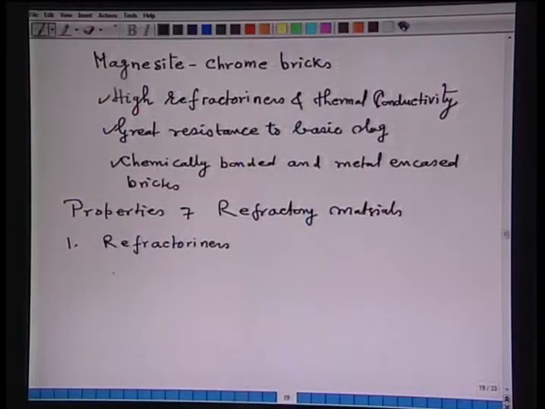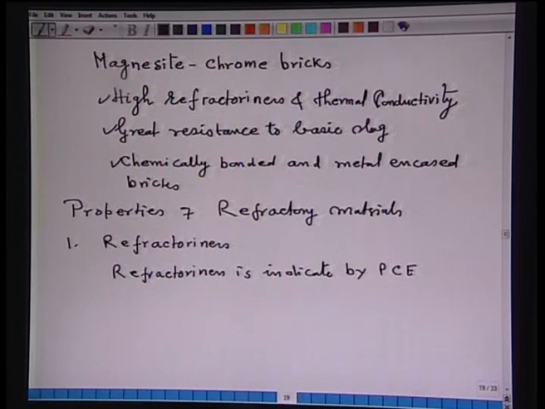It is indicated by PCE, that is pyrometric cone equivalent. Now, this pyrometric cone equivalent number should be greater than the application temperature.